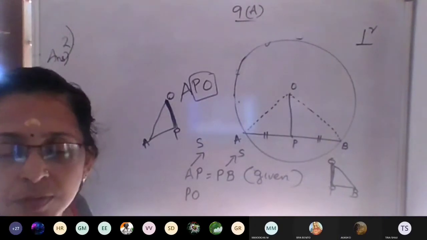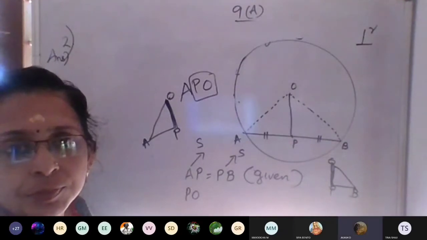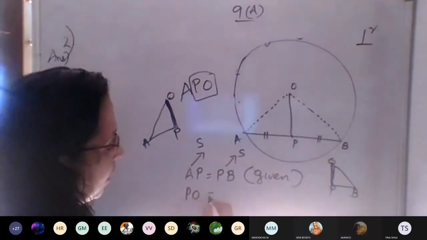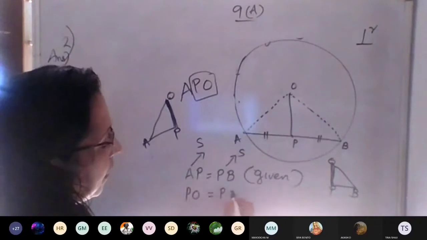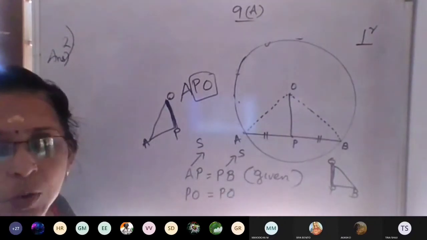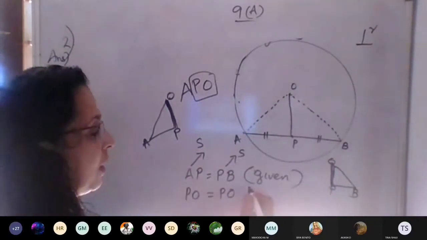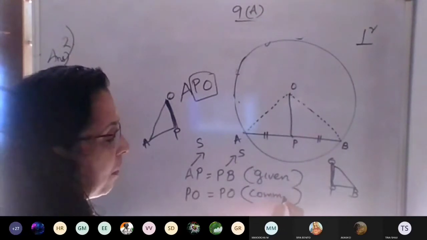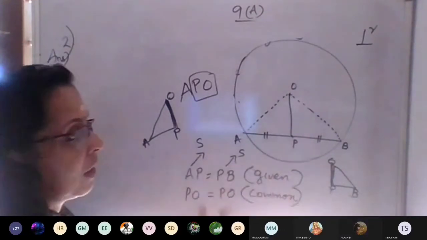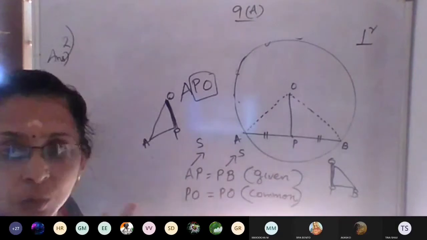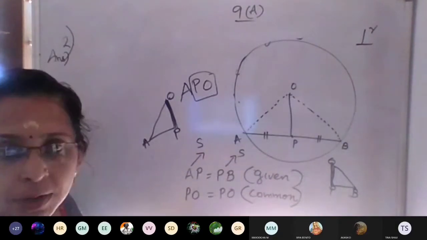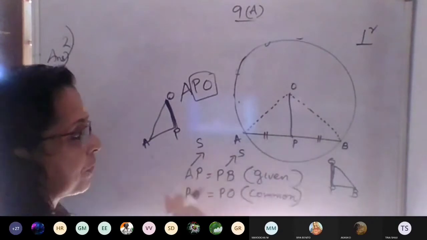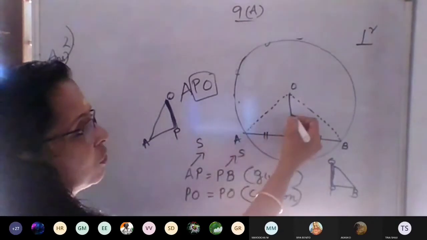Is it clear? You can write PO equals PO or OP equals OP. The reason we write is common, because it is not given in the question, but it is common. So we got these two sides.